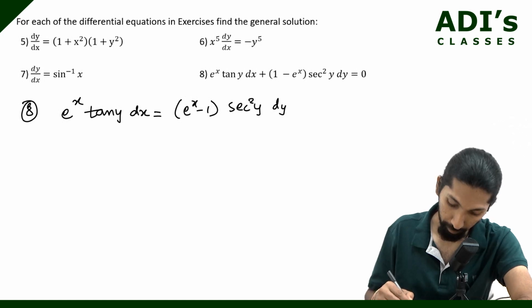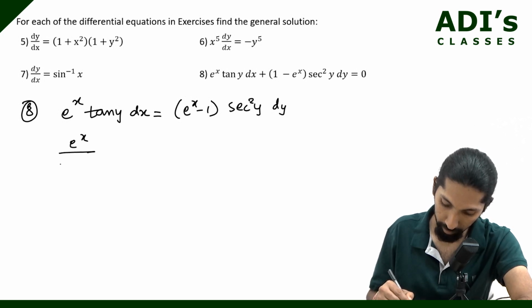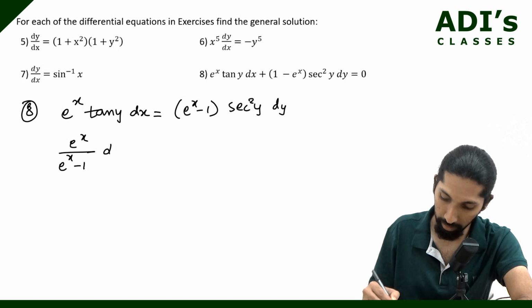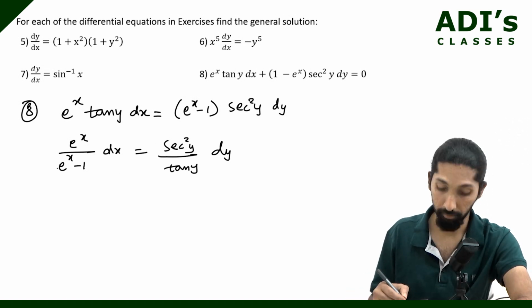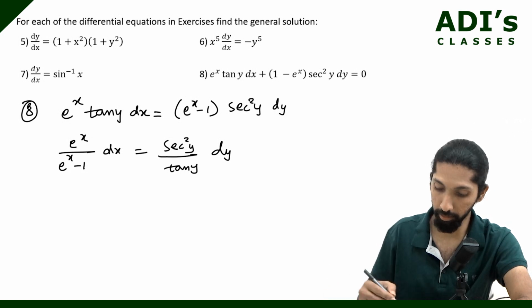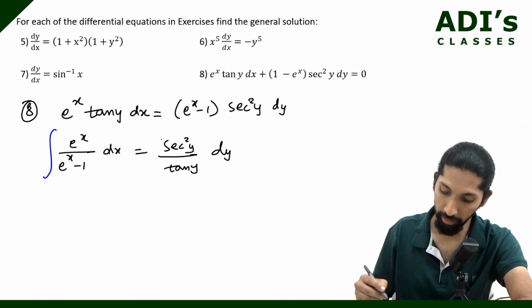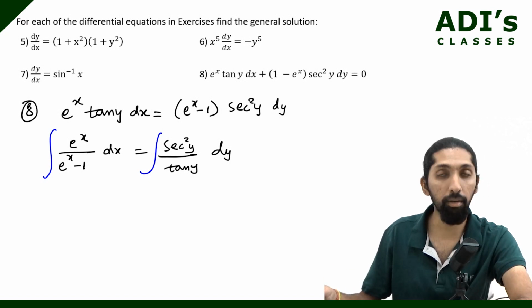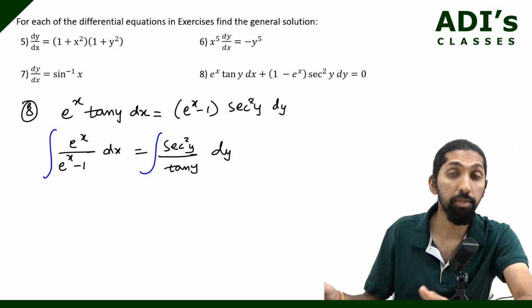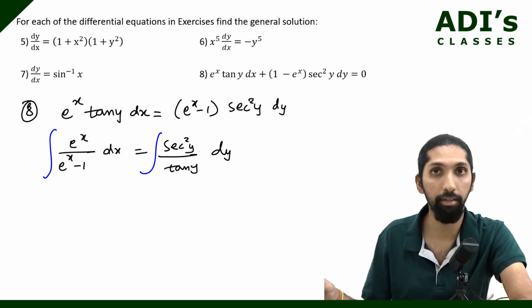That means e power x by e power x minus 1 dx is equal to secant square y divided by tan y dy. Right? Now we integrate on both the sides. Remember, we have to do the substitution method here.